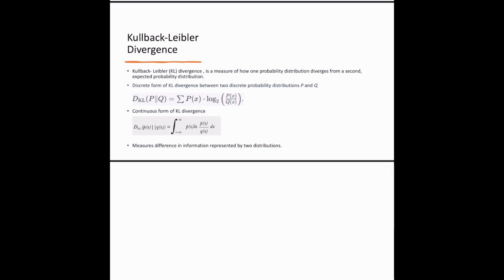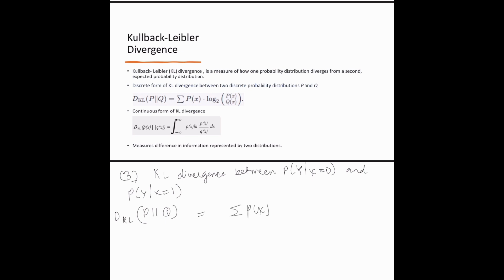So going on to the third question, the KL divergence between p of y given x is equal to 0 and p of y given x is equal to 1 will be given by this formula: D_KL is equal to summation p of x into log of p of x divided by q of x to the base 2, and the summation is over x.